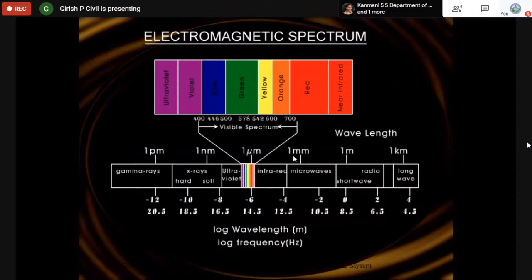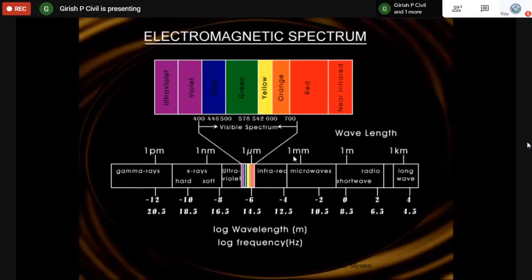These are the various portions, starting from the shortest wavelength to the longest wavelength. The shortest wavelength is the gamma rays.